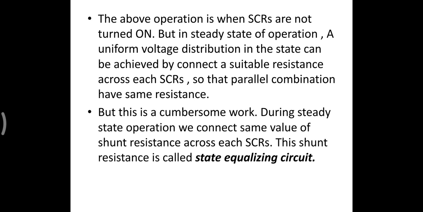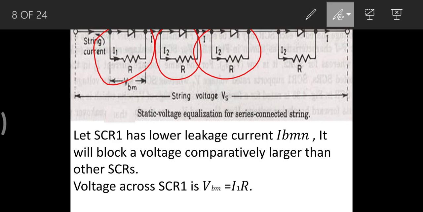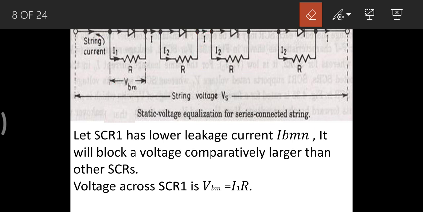That resistor value we have to calculate. Okay? So during steady state operation, we can connect the same value of shunt resistors across the SCRs. These shunt resistors are called the state equalizing circuit. So once you connect the circuit like this, it is called a state equalizing circuit.